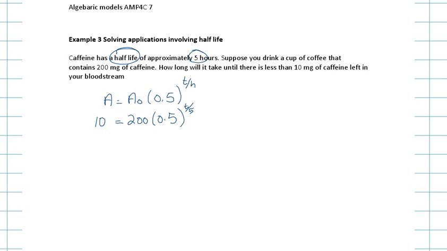In order to use log, you have to isolate first. So what's the first thing I want to do? Divide by 200. So 10 divided by 200 equals 0.5 to the power of t over 5. What's 10 over 200? 0.05.